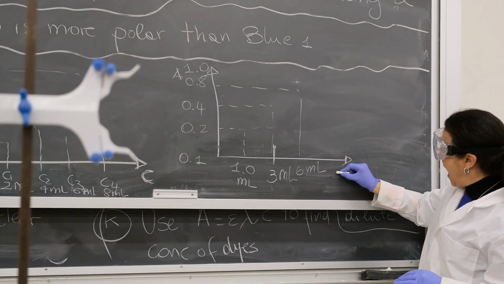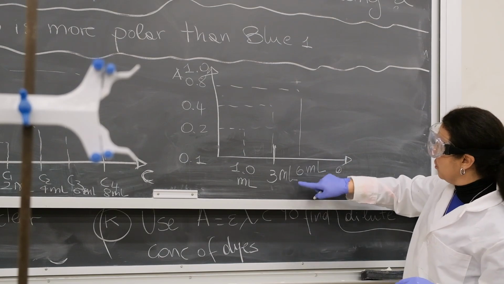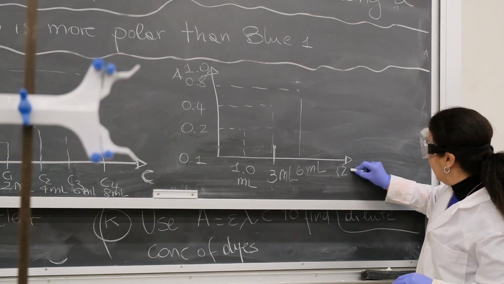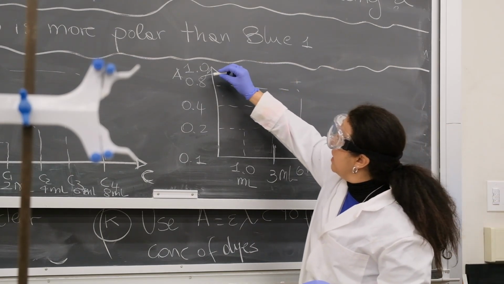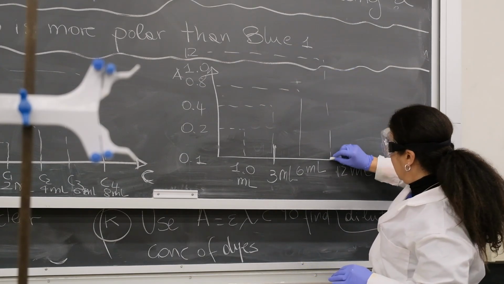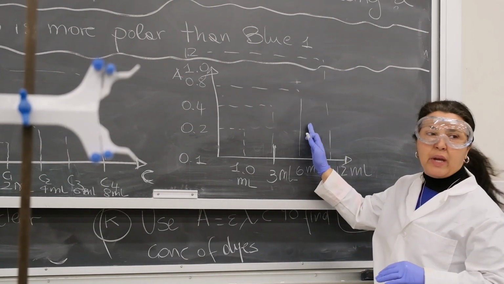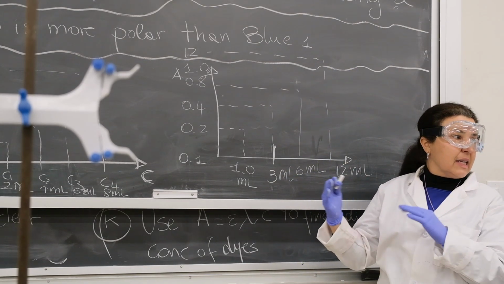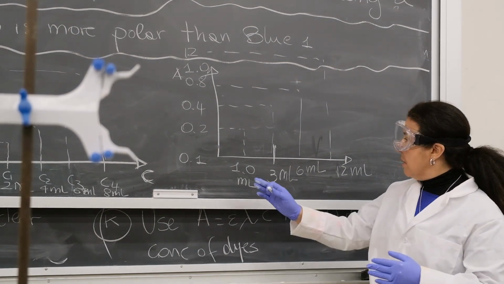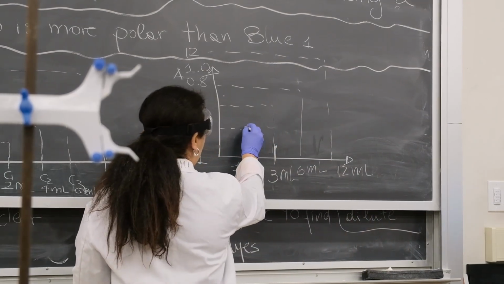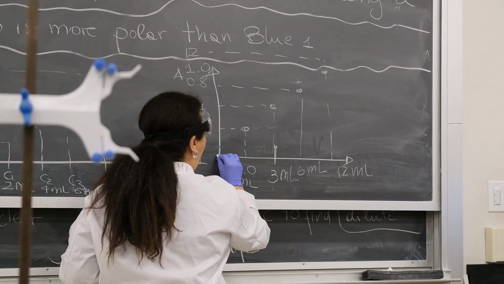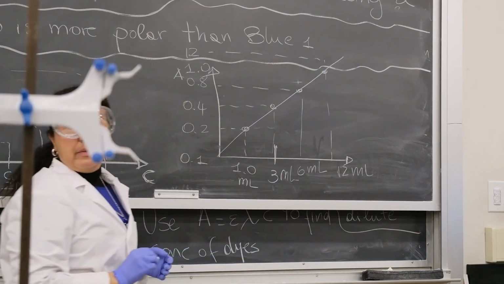And then you go to 6, times 2, I don't know, 12 milliliters. And maybe you will find this 1.2. So maybe you have to go in between 8, 7, 9. So it's up to you. The important thing is that you have 4 points to have your calibration curve.